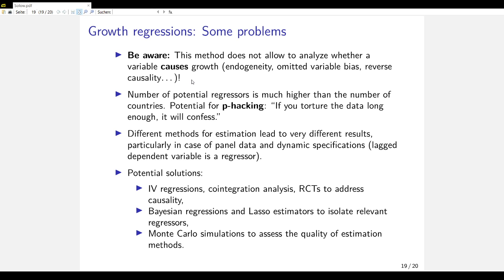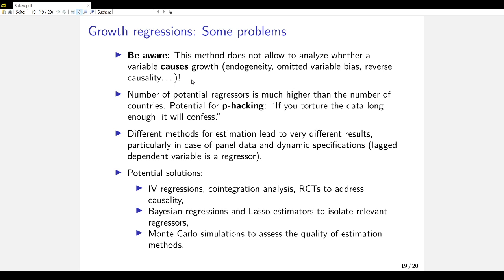And in addition, which is also very troubling, the potentially high number of regressors as compared to the number of countries brings with it a huge potential for p-hacking, where people might just include the variables that fit to their theory that they have in the first place, and disregard evidence as it pops up that would be against their preconceptions.